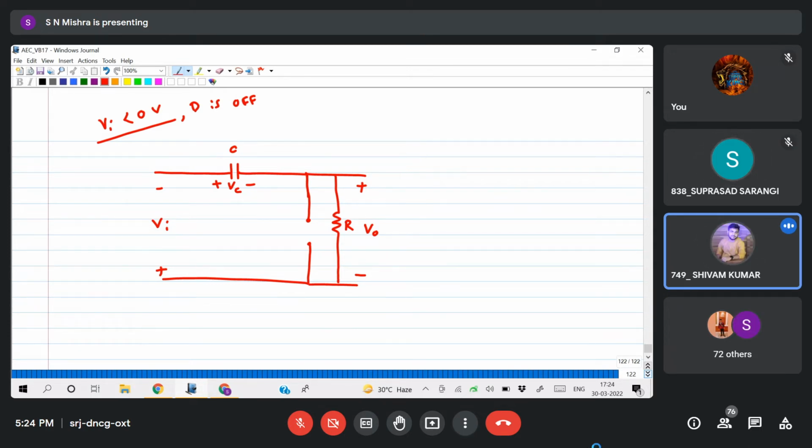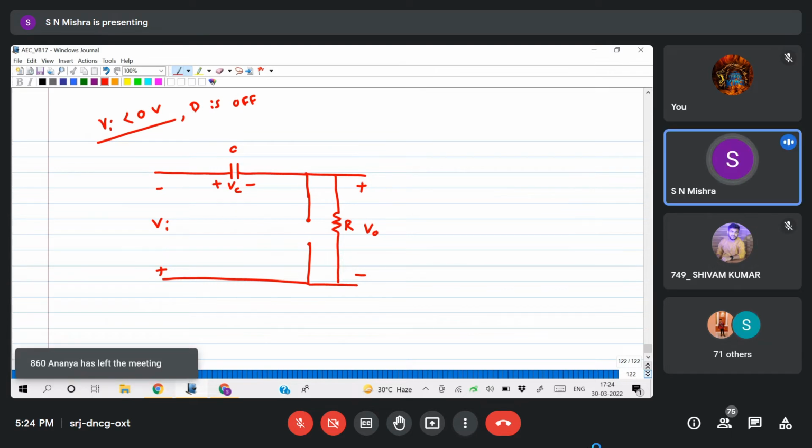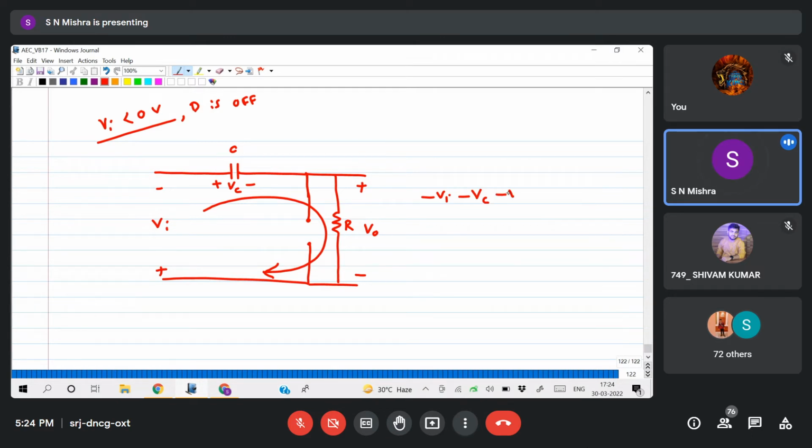Now I want to find the output voltage. In the off condition, the diode is off and the voltage across the capacitor remains the same as in the positive half cycle. I am giving the negative half cycle here. So I put KVL: plus to minus minus Vi, plus to minus minus Vc, plus to minus minus V naught equals 0. So V naught equals minus Vi minus Vc.